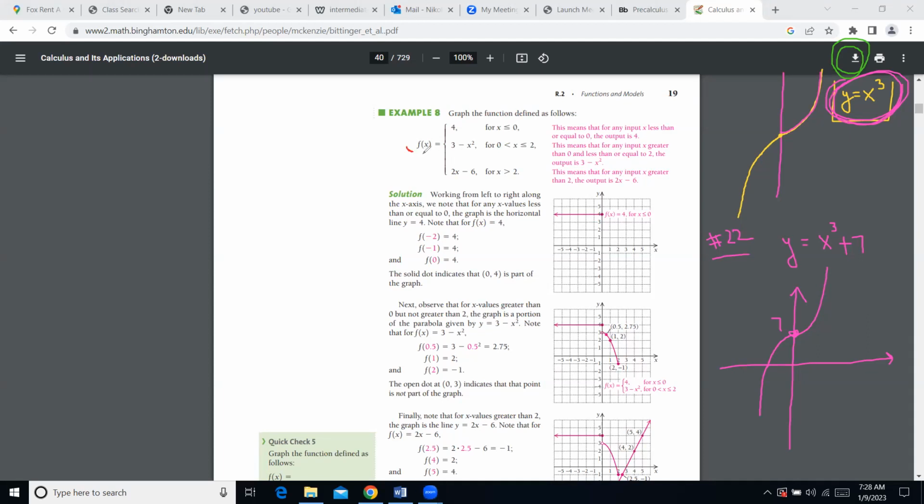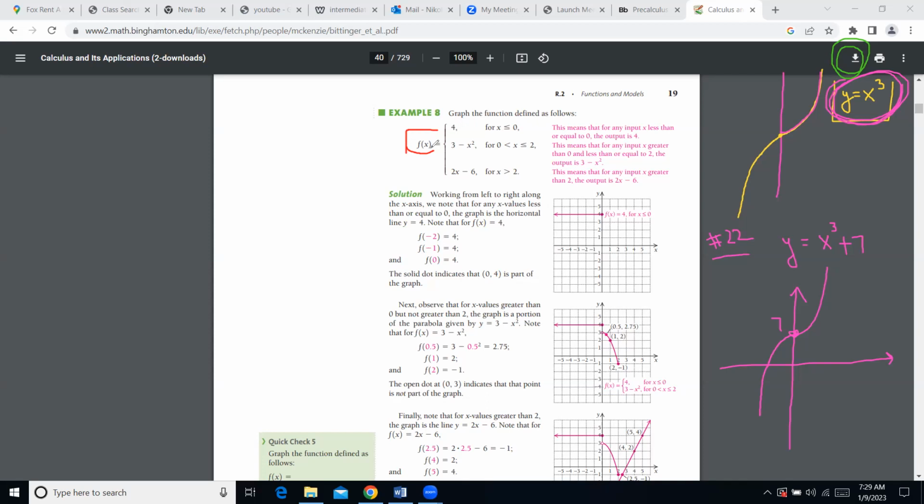So here's the function, and people usually call it f of x. Instead of y, we're going to be using f of x. It's not multiplying, it's just the notation. It's a function of the variable x.